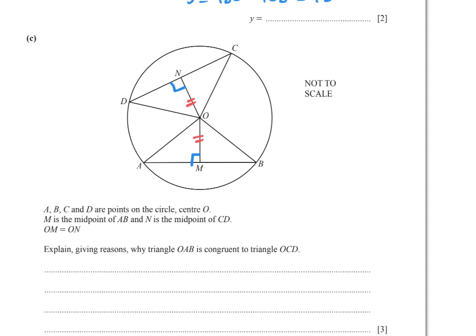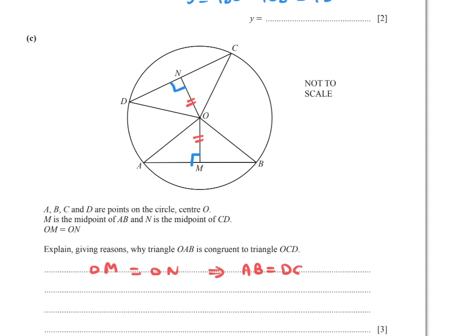So remember this rule: if two chords are equidistant from the center, they are equal in length. Distance equal distance, so chord equal chord.